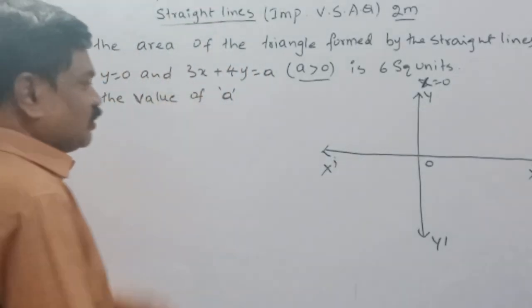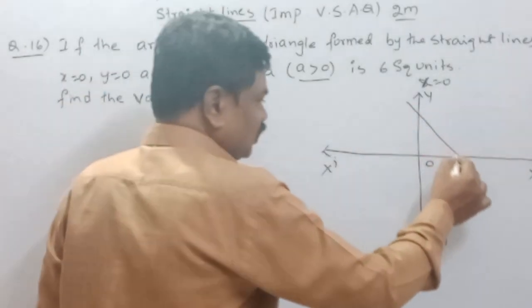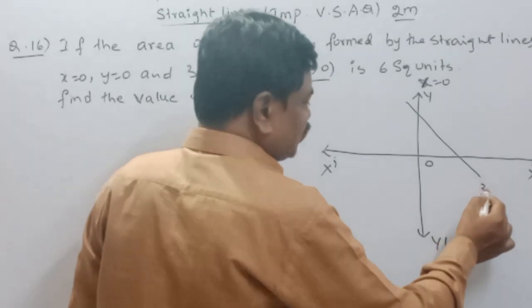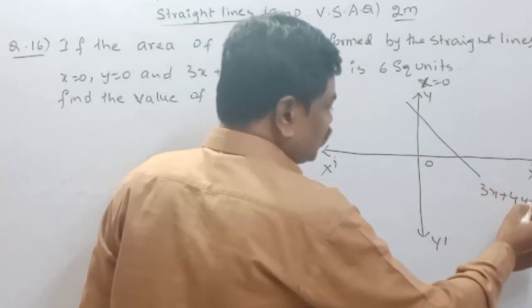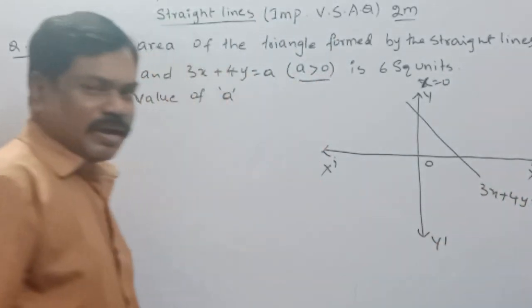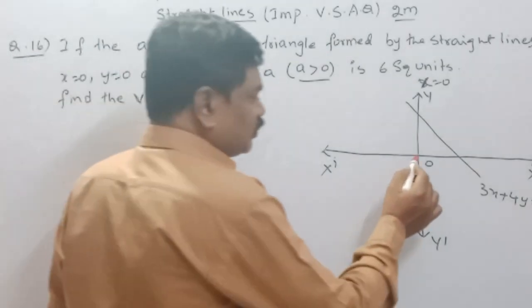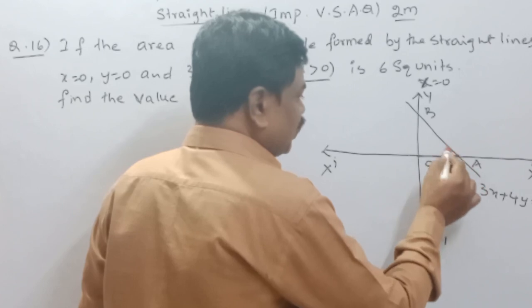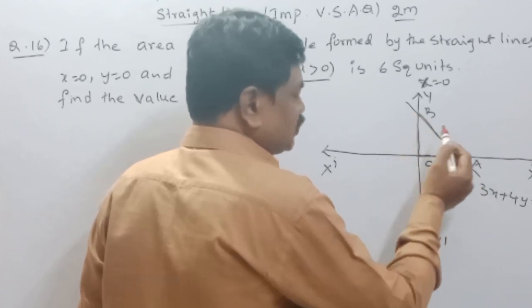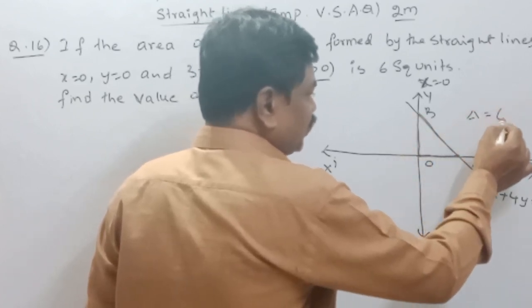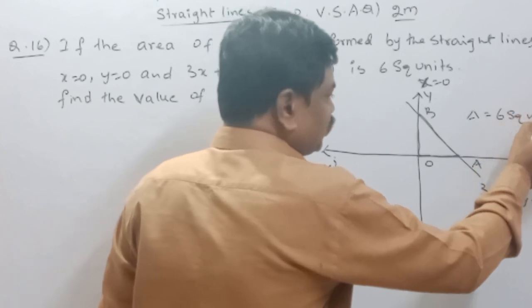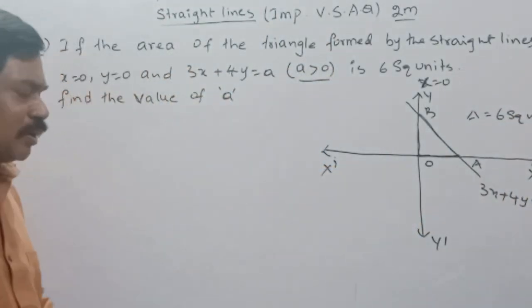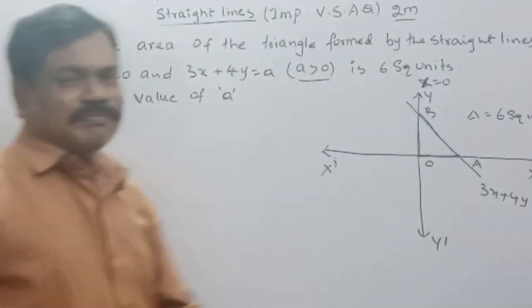And the line given is 3x plus 4y equals a, and the area of the triangle OAB is given. The area of the triangle is 6 square units. Then we have to find the value of a.